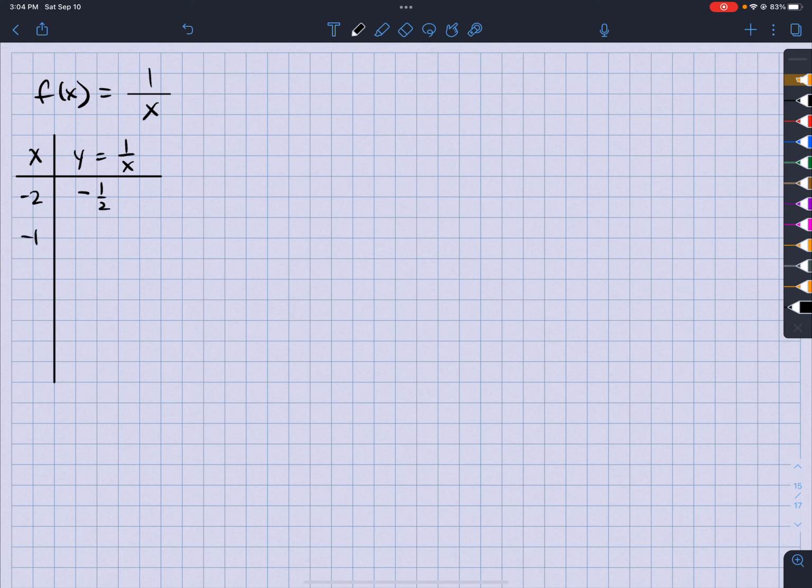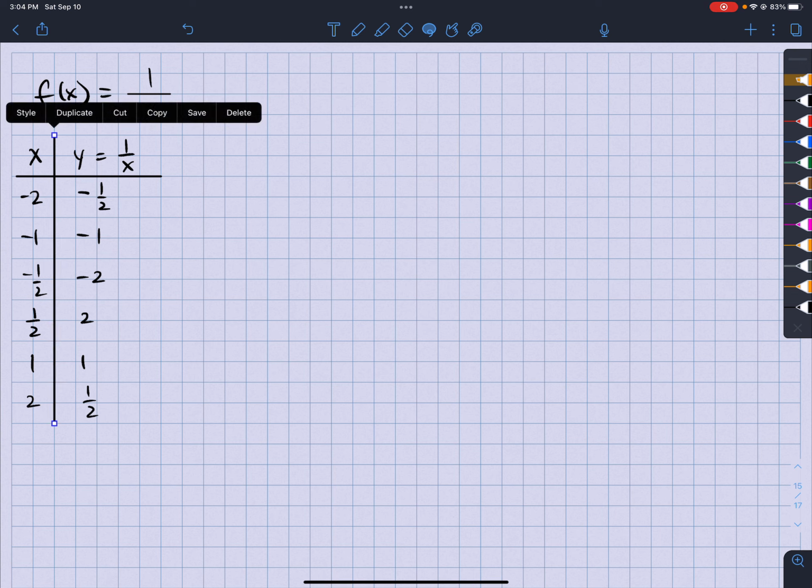If I put in -1, 1 divided by -1 would be -1. If I put in -1/2, it's going to give me a -2. If I put 0 in there, it'd be undefined. If I put 1/2 in here, it will give me a +2. A 1 will give me a 1, and a 2 will give me a 1/2. So those would be the points that I would see, right?